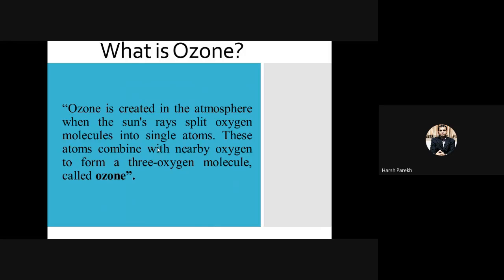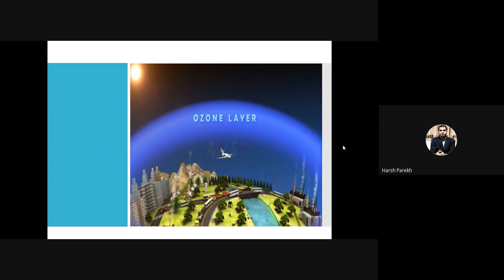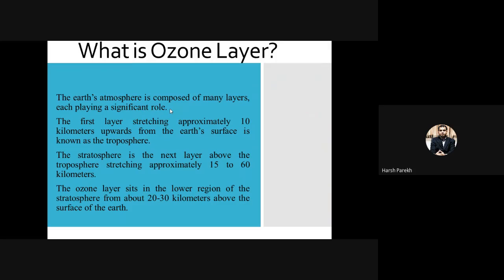See, this is how the ozone layer is. The ozone layer protects us from the outer sun rays. Now, what is the ozone layer? The Earth's atmosphere is composed of many layers, and each layer has a significant role.